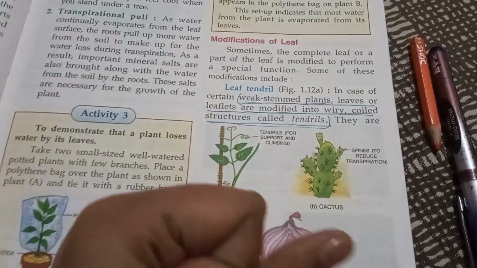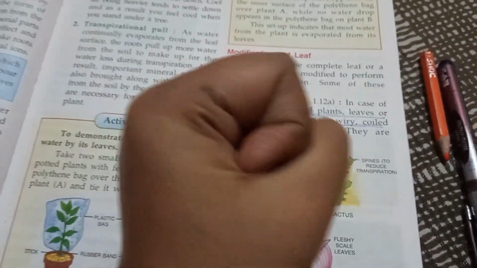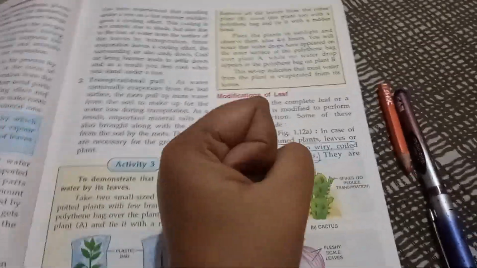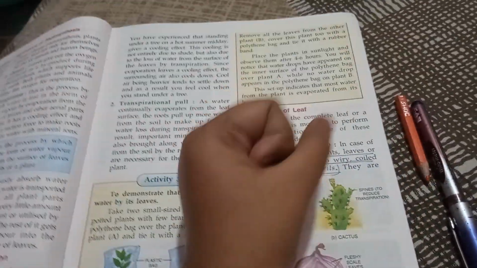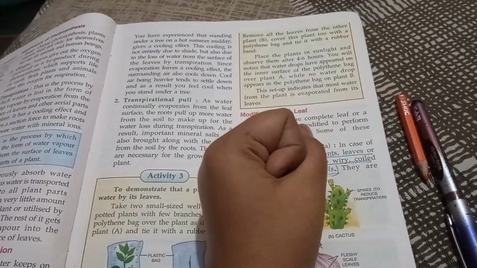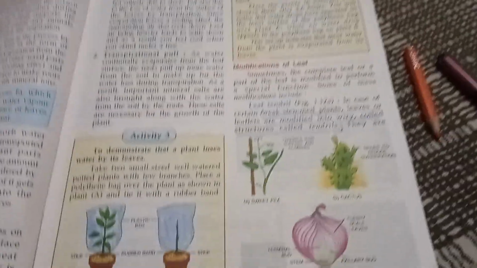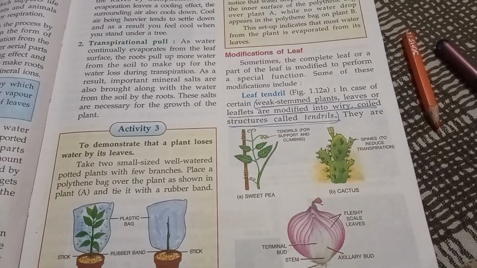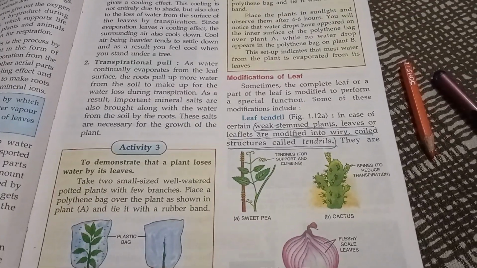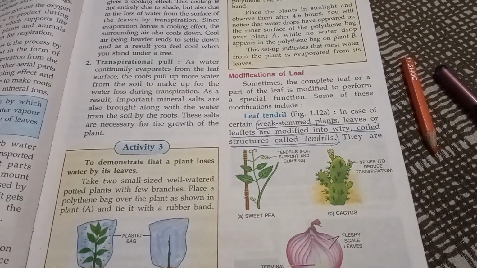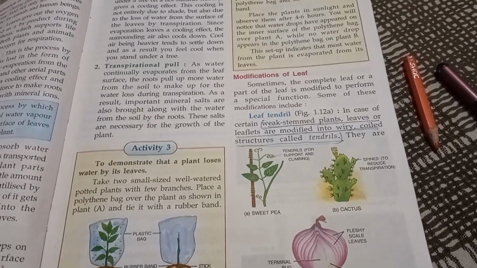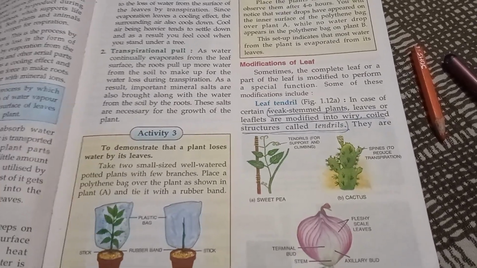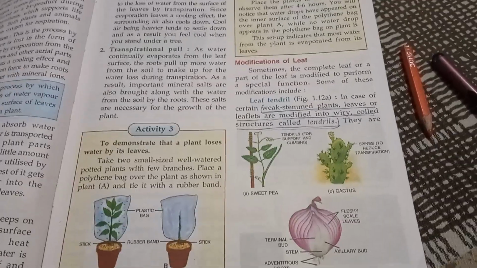It's the part of the plant that is connected to the roots, and it makes the plant stand straight. Here it says that in certain weak stemmed plants, leaves or leaflets are modified into wiry coiled structures called tendrils. I hope all of you have seen climbers. These are kinds of plants.